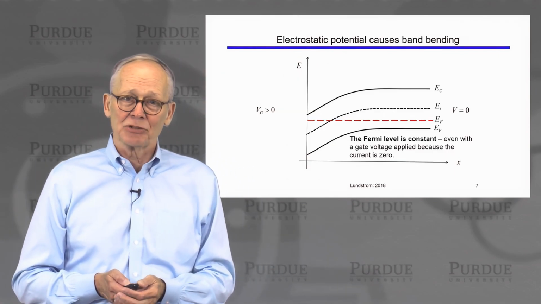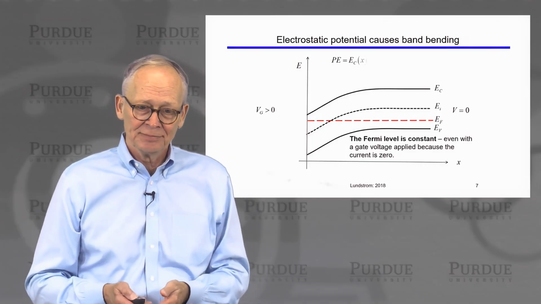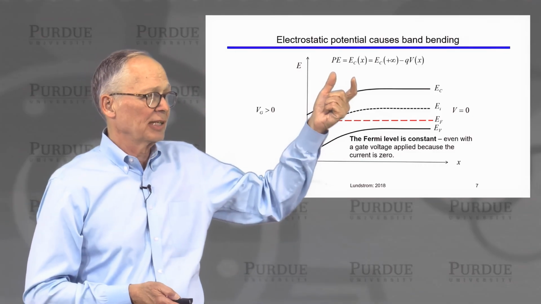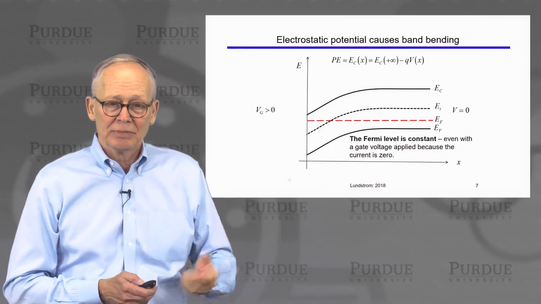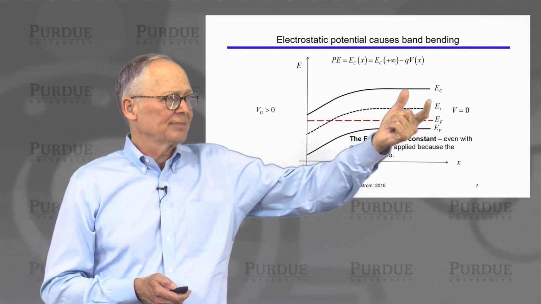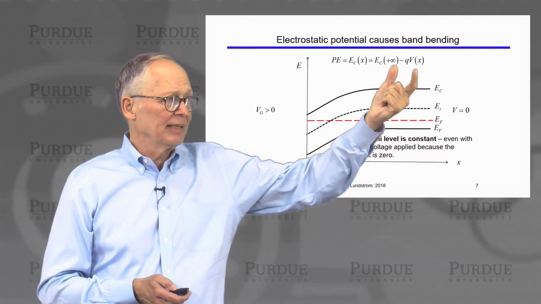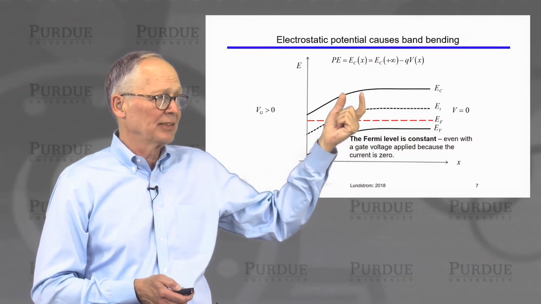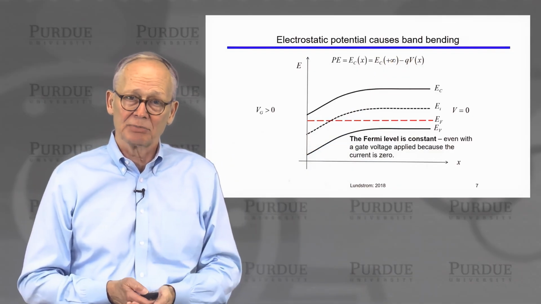Now, what happens when the potential increases? The electron potential energy goes down. The potential energy of the electron is the bottom of the conduction band, but that is where it was, say, deep in the semiconductor where the potential was zero. But then if at some position I have a positive potential, the electron energy will be lower because of that positive potential.